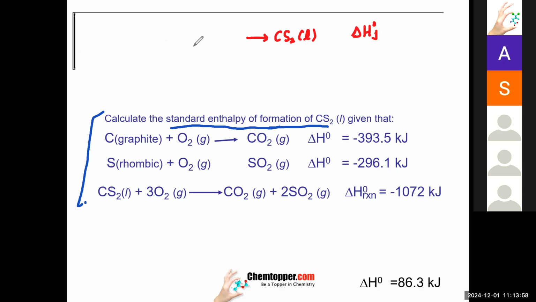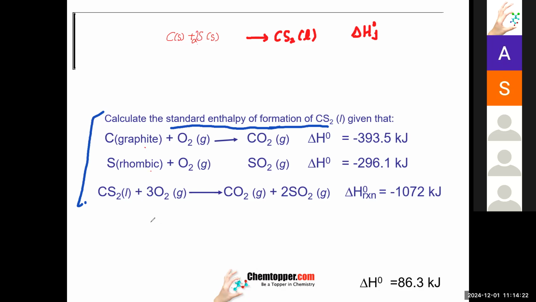So what are the elements here? What are the reactants? You know how to write the formation reactions now? Yes, very good. Carbon, which is solid, in fact graphite, and sulfur, which is rhombic. So don't worry, you simply write sulfur solid. Balance the equation too.